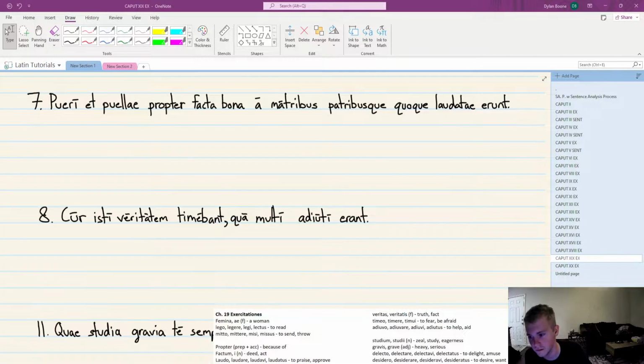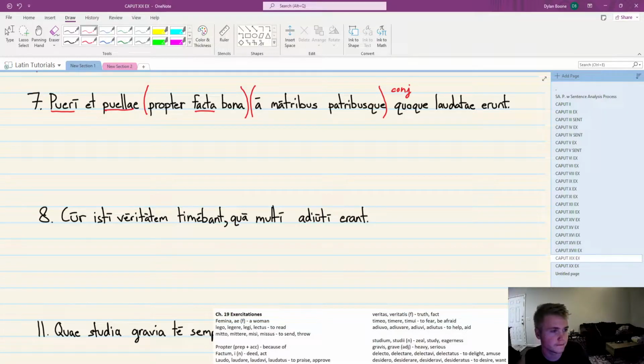Okay, so for number 7. Wow, lots of stuff going on here. I'll start with our prepositions. Knock them out of the sentence. Conjunction. Nouns. Where's our verb?